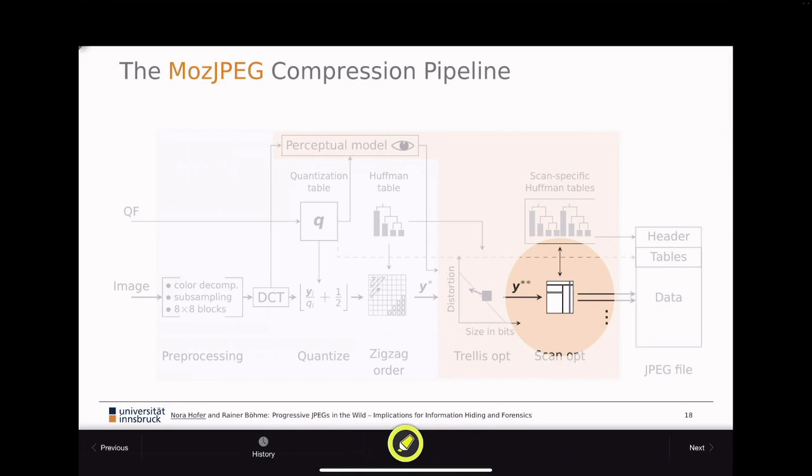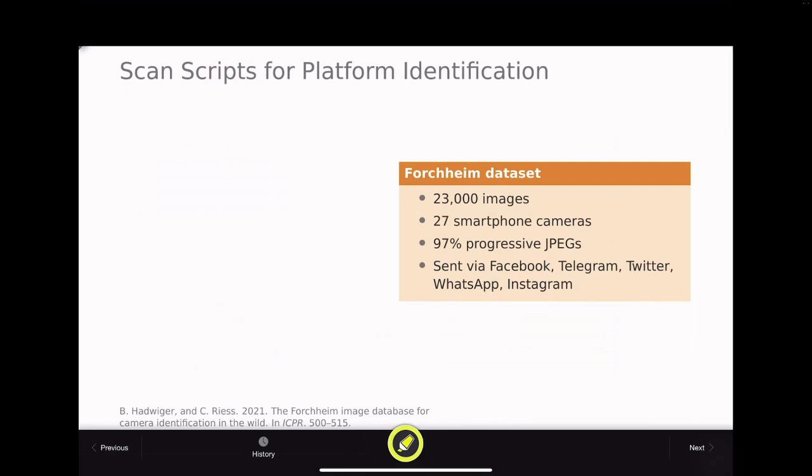Now we wanted to know which scan scripts we can find in the wild. So we took the Folkheim dataset, which has approximately 23,000 images, captured from 27 different smartphone devices, of which 97% are in progressive mode.